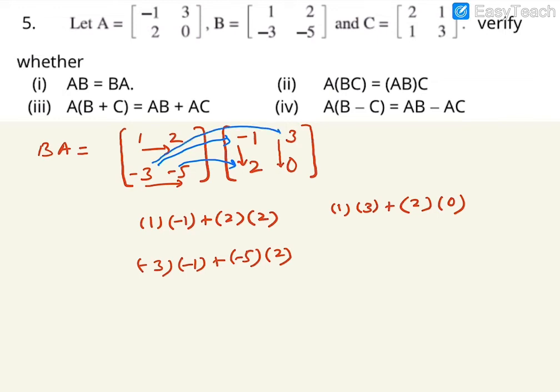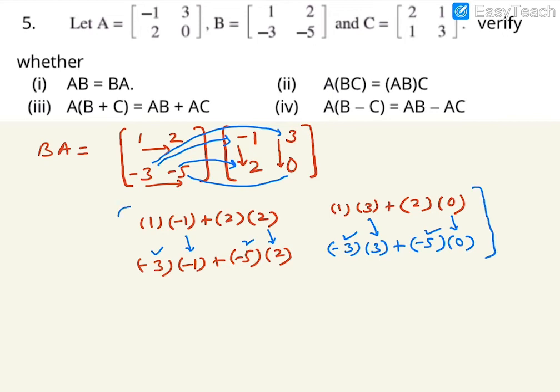Similarly again 3 with 3, minus 3 with 3 plus minus 5 with 0. You can check here, the row elements will be the same and the column elements will be this one, so that there will be no mistake.